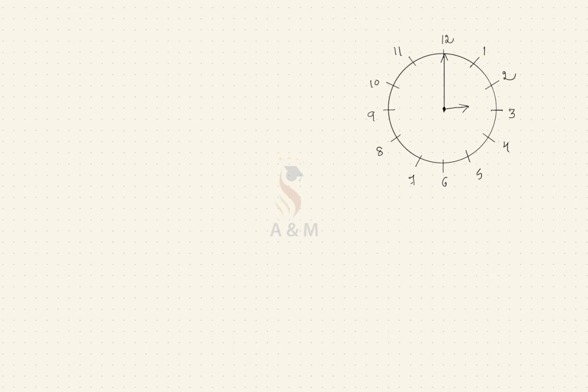As I told earlier, in 1 hour there is 60 minute space. Correct? Here in 1 hour there is 60 minute space. This is because 1 hour is equal to 5 spaces. Correct? Your short hand, that is your hour hand, moves from 12 to 1 or from 3 to 4 or 5 to 6 or whatever it is.